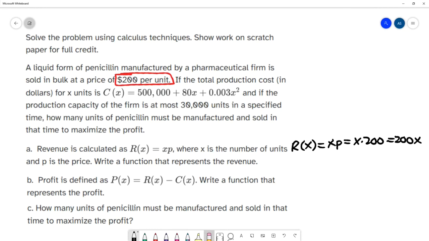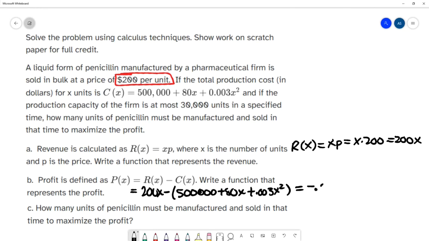So then we can figure out the profit because we were given the cost function here. So our profit will be the revenue, 200X, minus the cost, 500,000 plus 80X plus 0.003X squared. We'll distribute that negative and also combine like terms.